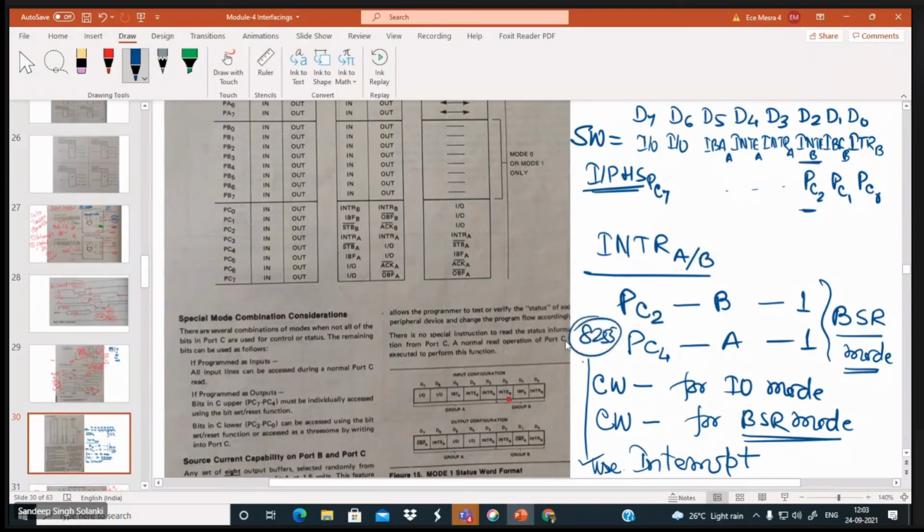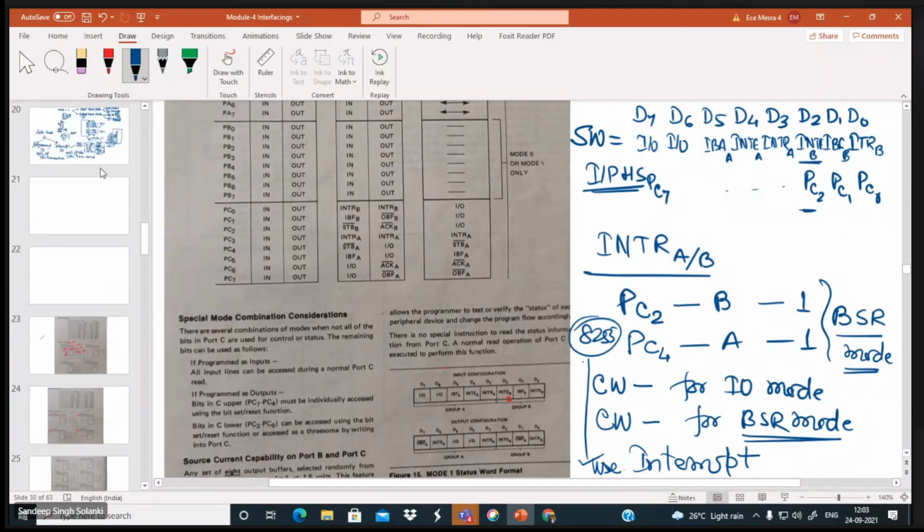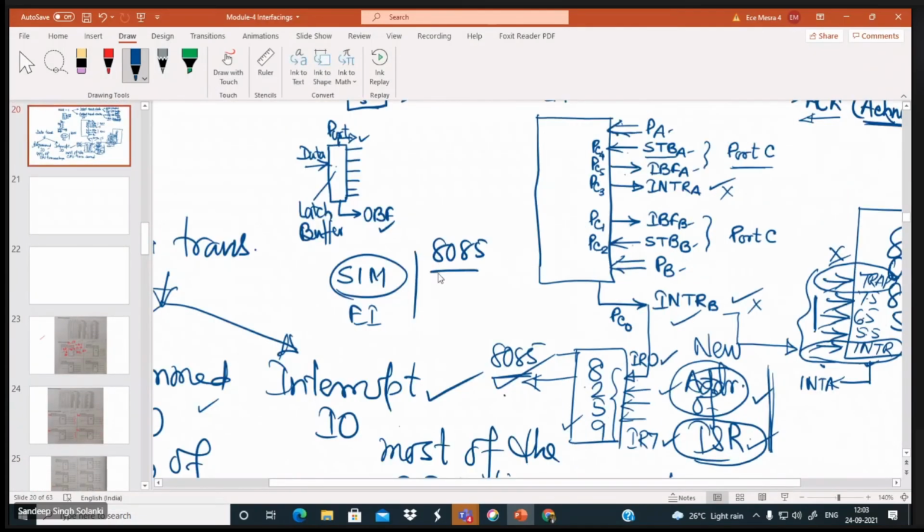But everything has to be written from where? Everything has to be written from your 8085, because through 8085 only you are programming your 8255. Is it okay?